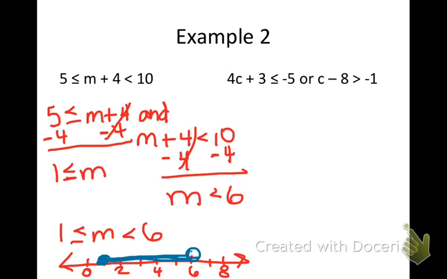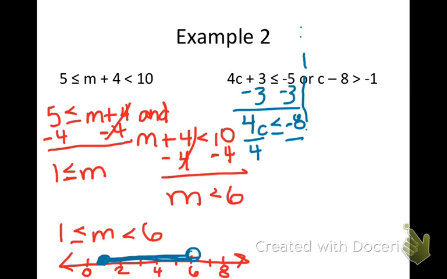Right? For the second part, you have an or compound inequality. So we'll solve basically each side of these separately. So we'll subtract 3. So 4c is going to be less than or equal to negative 8.